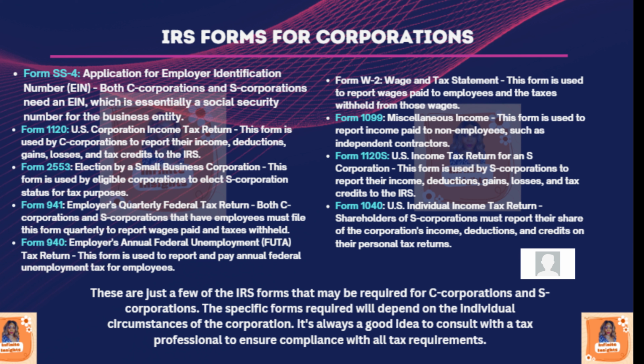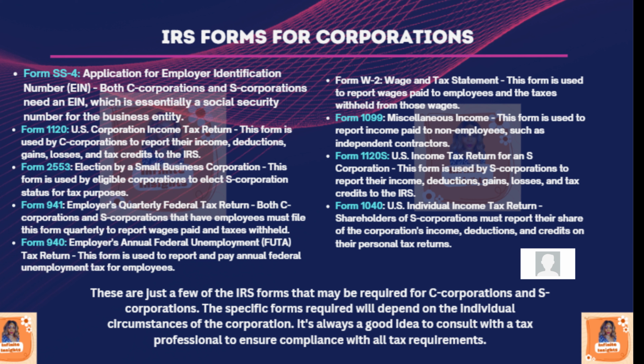This form is used to report and pay the annual federal unemployment tax for employees. We have the Form W-2, which is a wage and tax statement. This is used to report wages paid to employees and the taxes withheld from those wages.